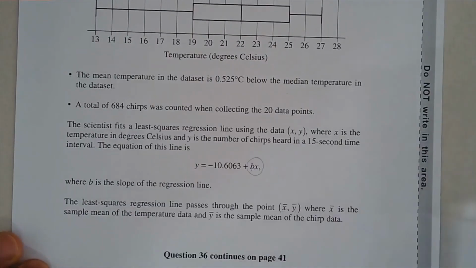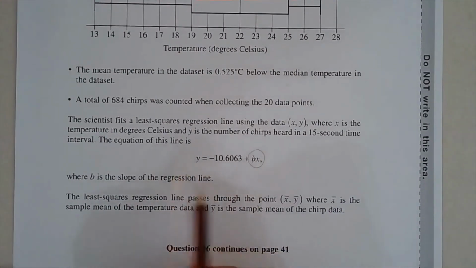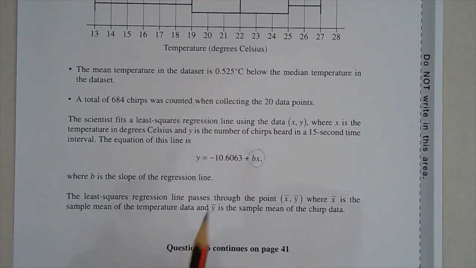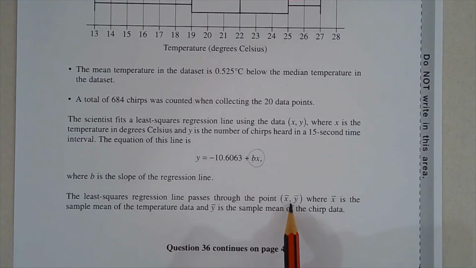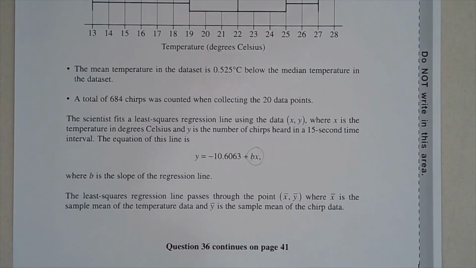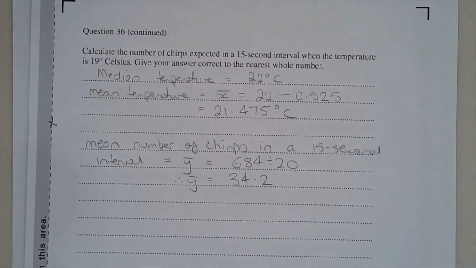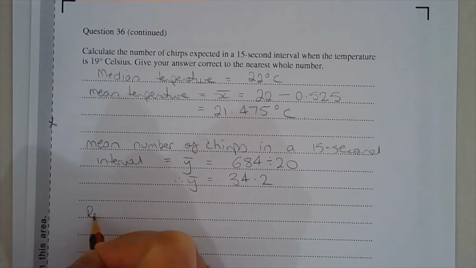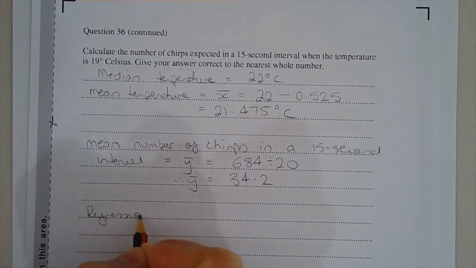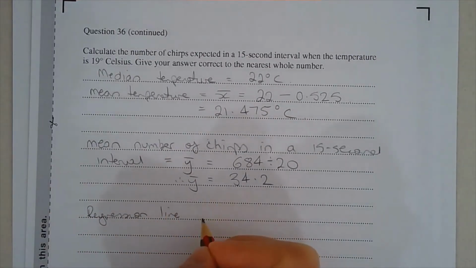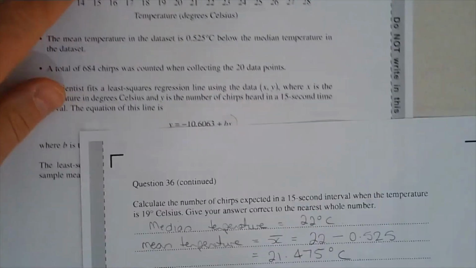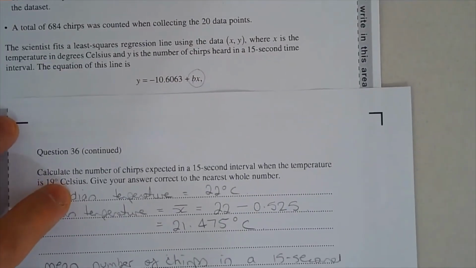Now, let's go to the equation of the regression line. We're told that the regression line passes through this particular point, x bar, y bar. I'll just write the equation again, it makes it easier.